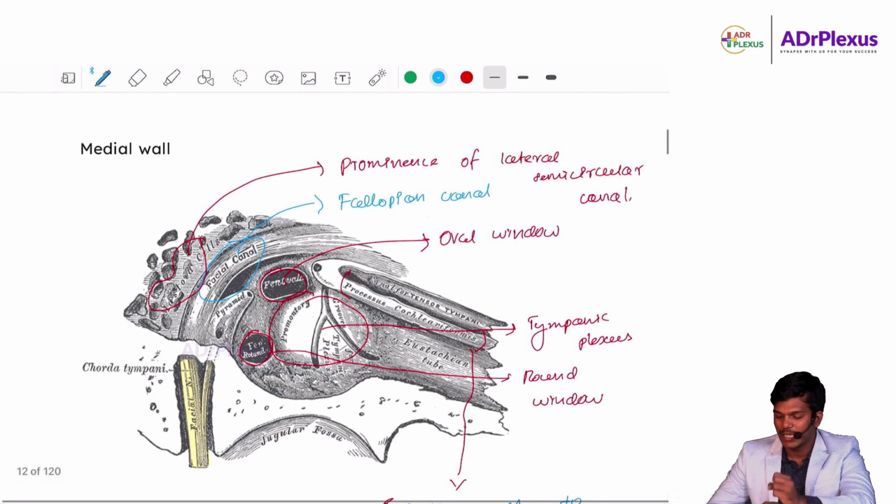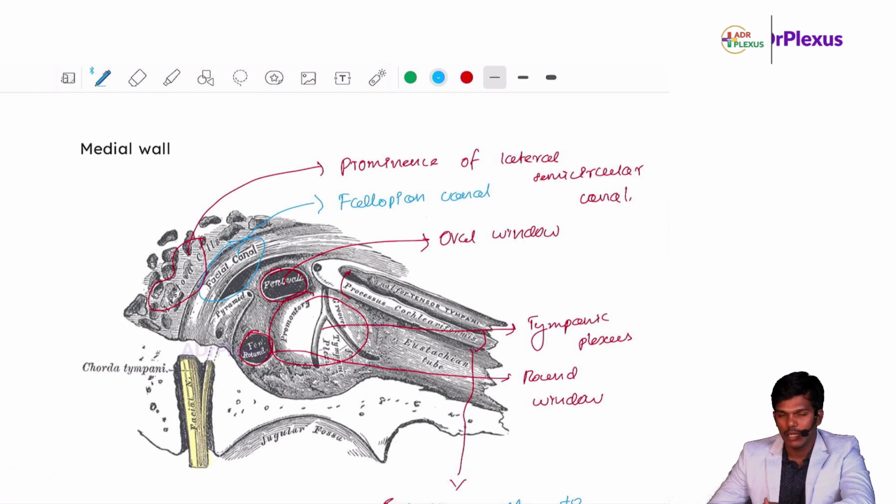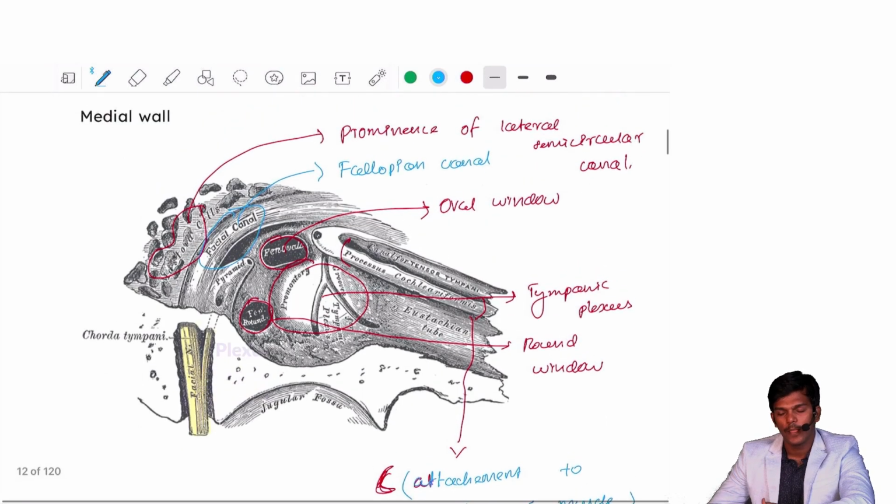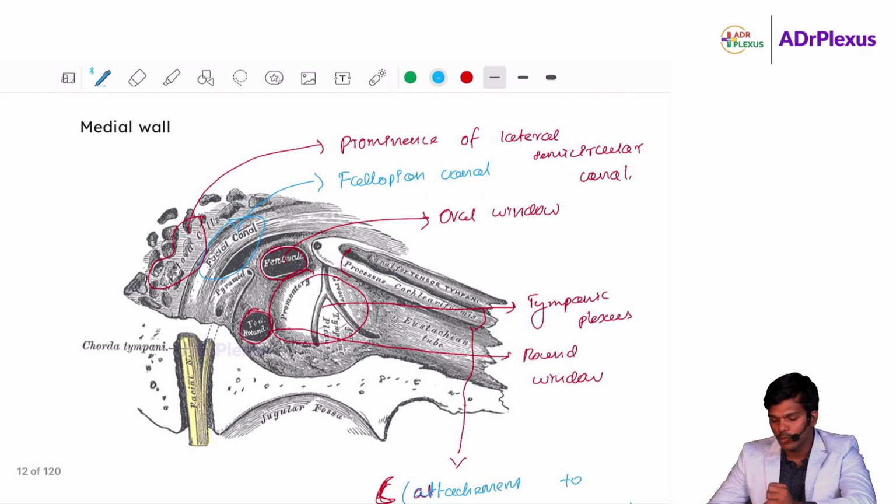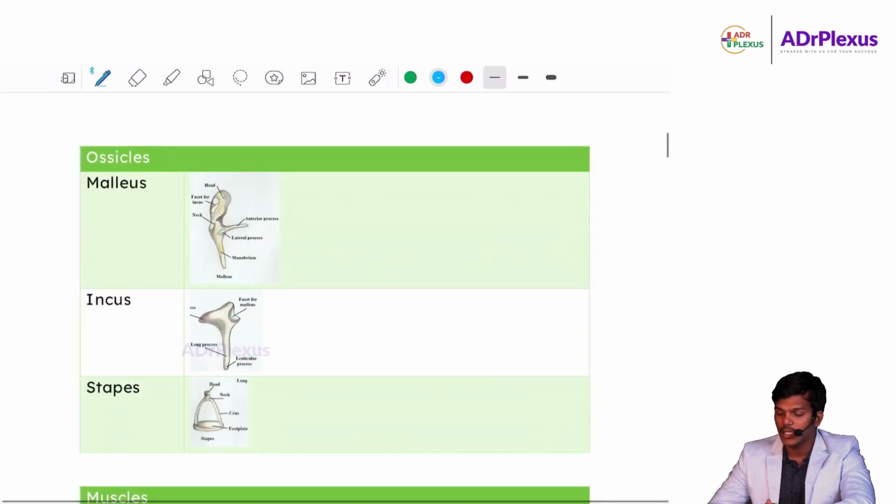So that's all about the medial wall of the middle ear. We have seen about lateral wall, anterior wall, and we have seen about medial wall. Clear? Yes. Now before entering into the posterior wall, we need to have an understanding about the ossicles of the ear.